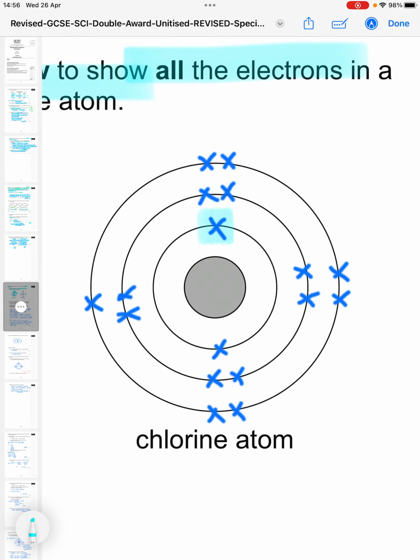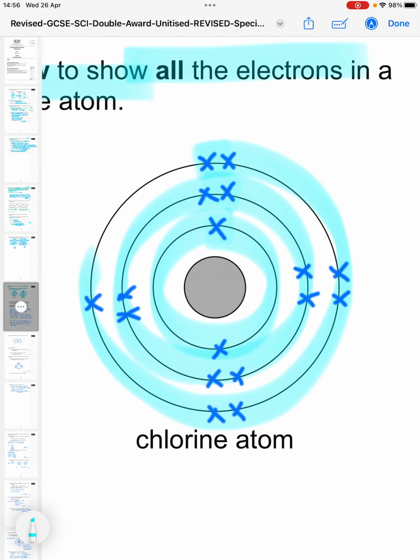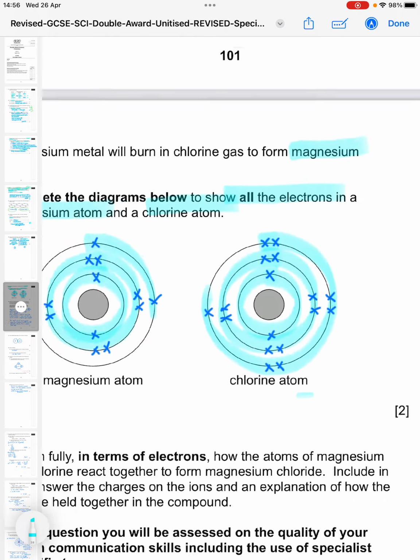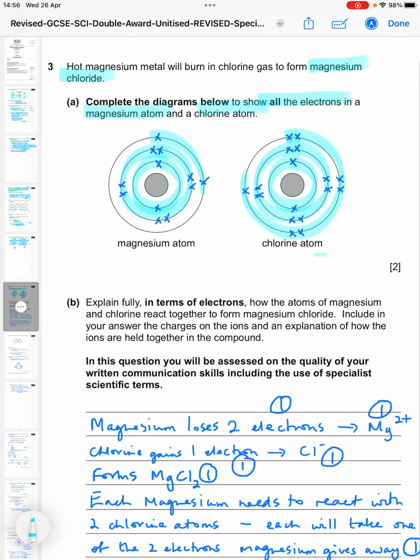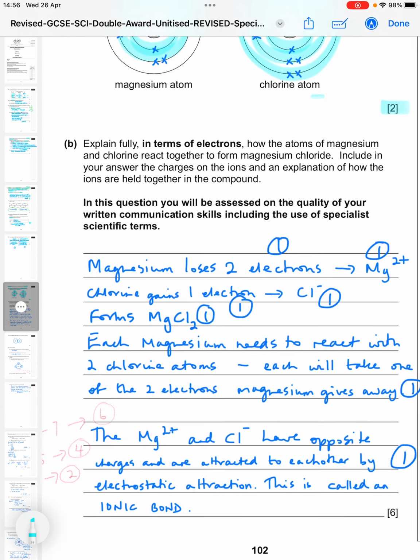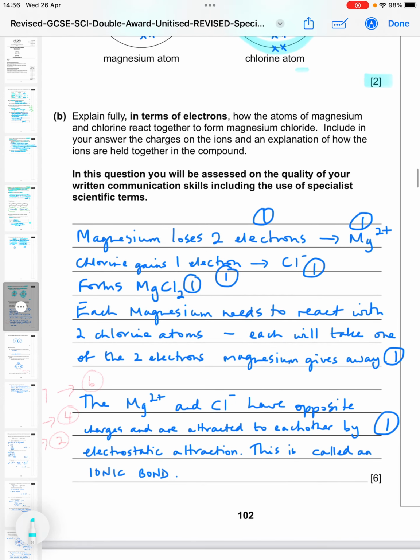Chlorine, when you look at your periodic table, it's number 17, so 17 protons and 17 electrons. So 2 in the first shell, 8 in the second shell, and then 7 in the third shell. And remember to draw them in pairs where you can, because it makes it easier for the examiner to see what you're doing and to mark it.